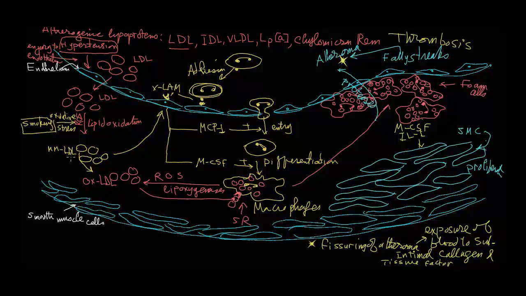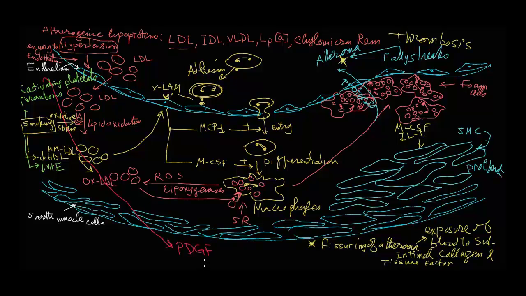We have to notice that smoking has many roles in the development and advancement of atheroma. Apart from its pro-oxidant role, it contributes to the reduction of high-density lipoprotein, and also it contributes to the depletion of vitamin E from the lipoprotein particles. Usually it is present in the shell of the LDL and other lipoproteins. Also, smoking contributes to thrombosis by activating platelets, and the activated platelets are going to produce platelet-derived growth factor.